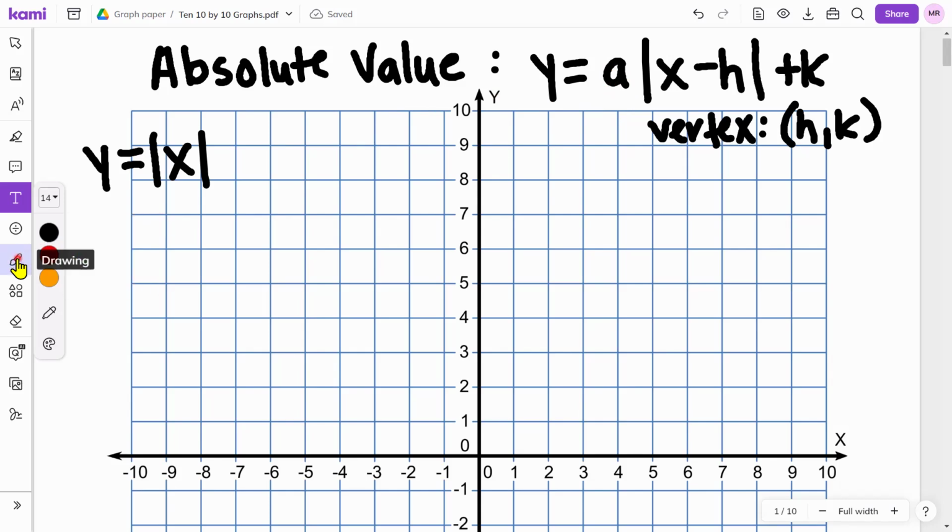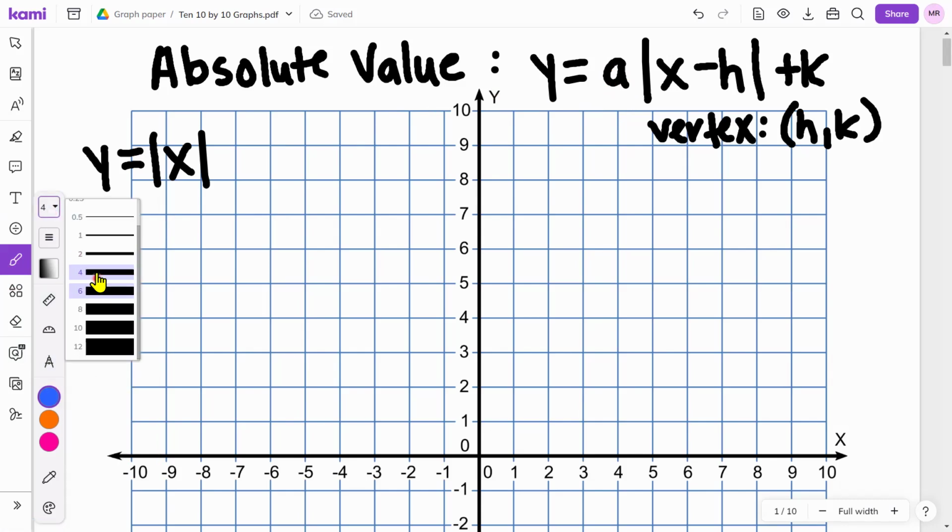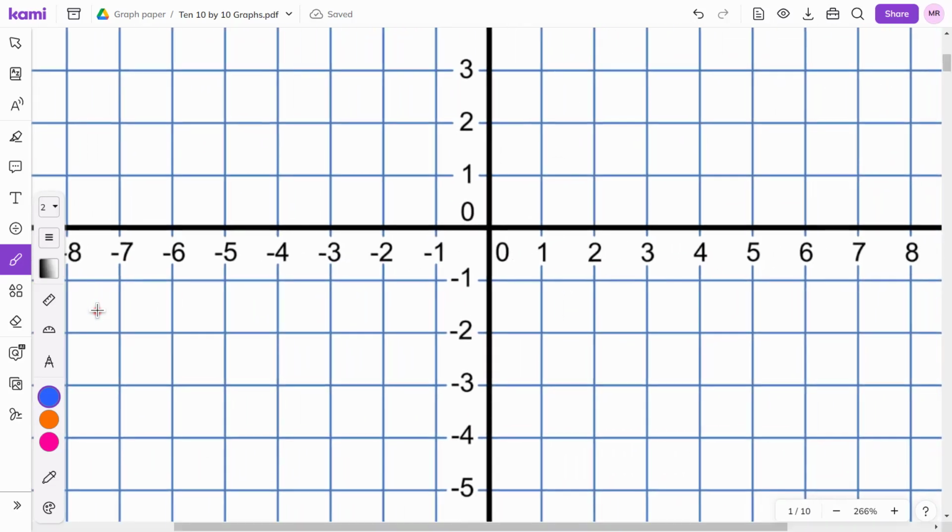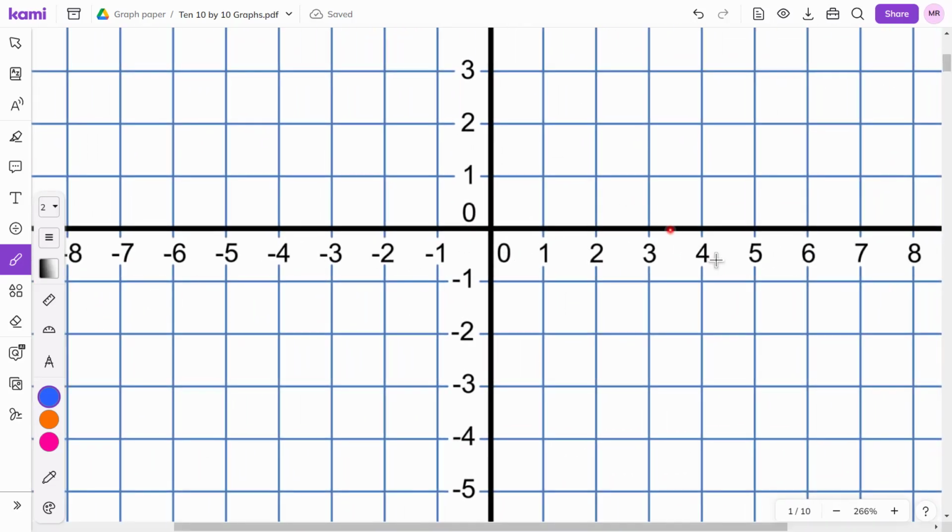So just a little reminder that when you are taking the absolute value of something, it is how far you are from 0. I'm just going to use this x-axis kind of as a number line. So for example, this value over here, 5, is 5 away from 0. So the absolute value of 5 is 5.